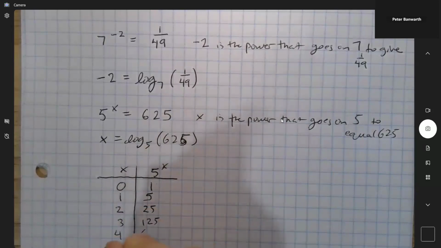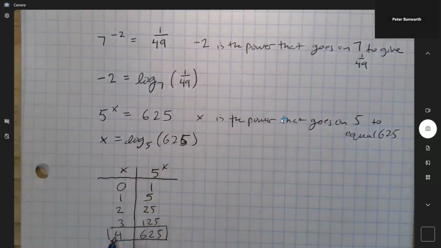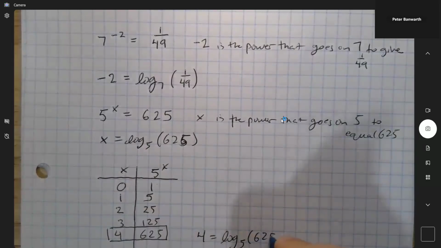And 4, 625. There it is. x is the power that goes on 5 to give me 625, so that must mean that 4 is the power that goes on 5 to give me 625. x equals 4.